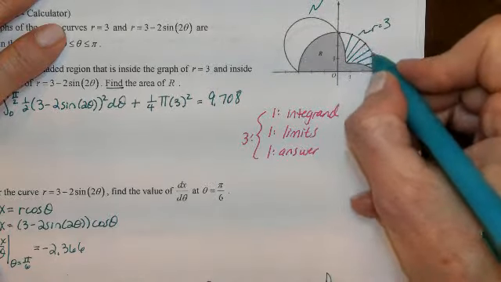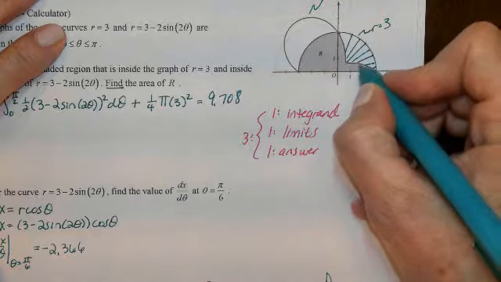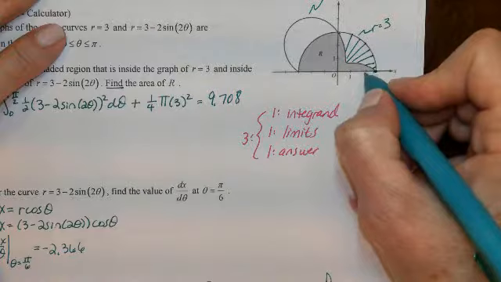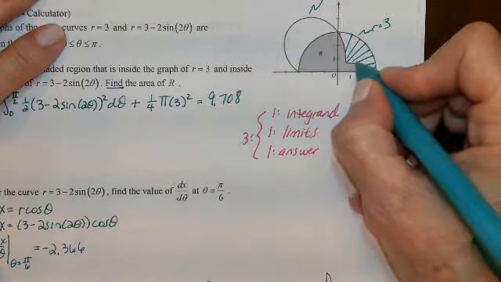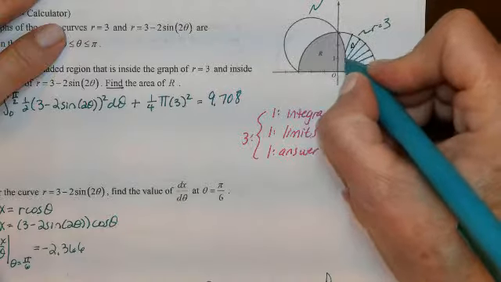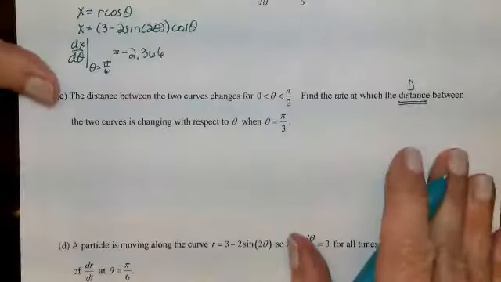Okay? Think back to when we did area and volume and we had like top minus bottom or right minus left. Well, in polar, you need to do outer minus inner. Kind of makes sense. So D is going to represent the distance from the outer to the inner curve. So let's state that.